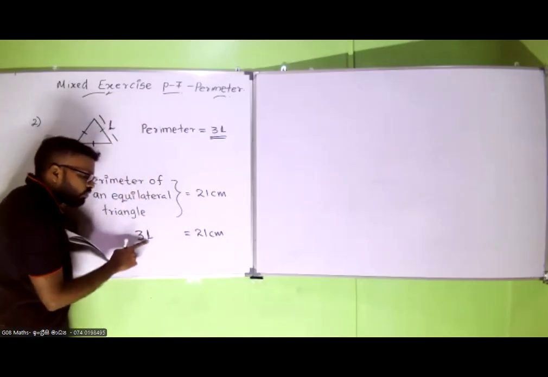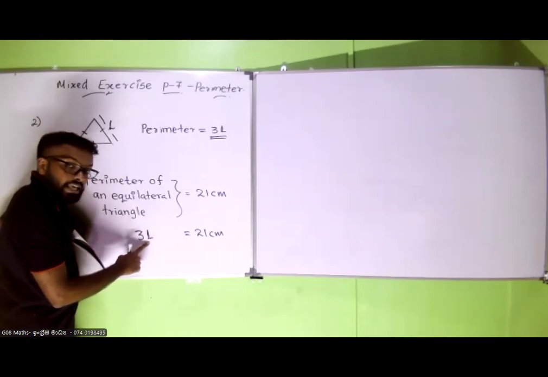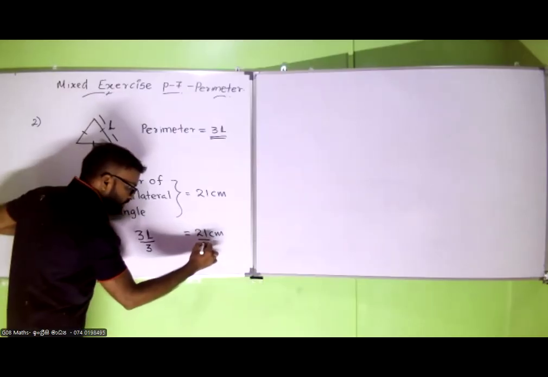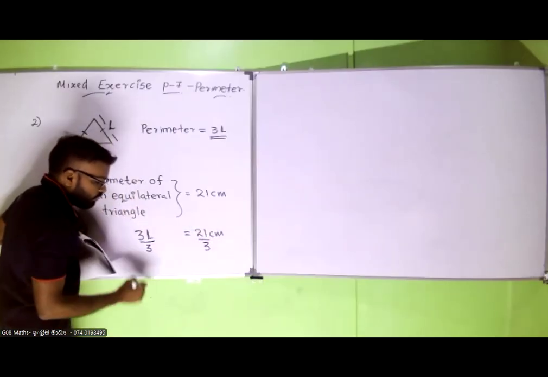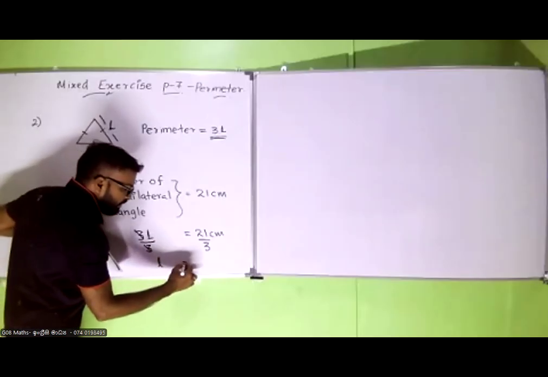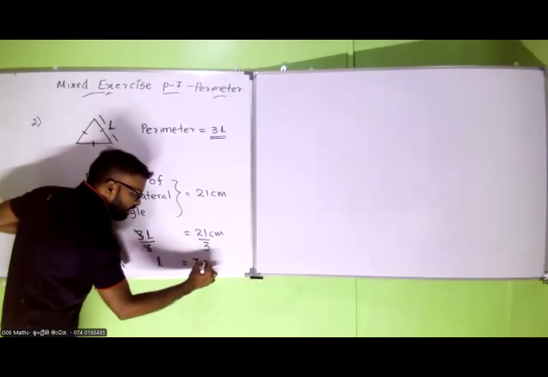If you want to find the length of a side, which is L, you have to divide both sides by 3. So 3 divided by 3 is 1. The length of a side will be 21 divided by 3, which is 7 centimeters.